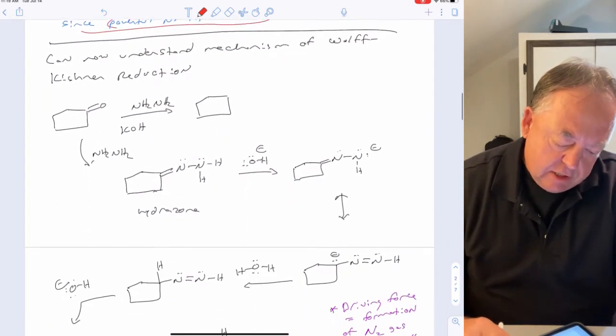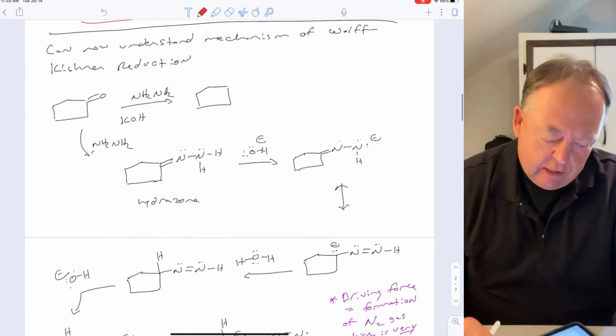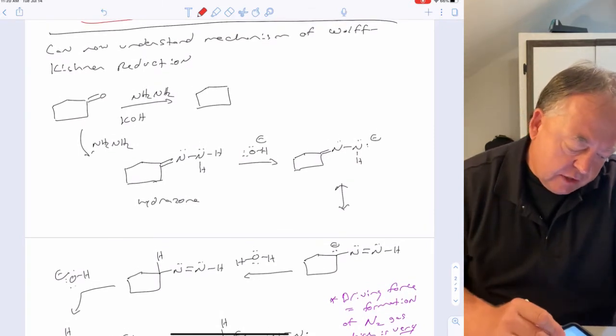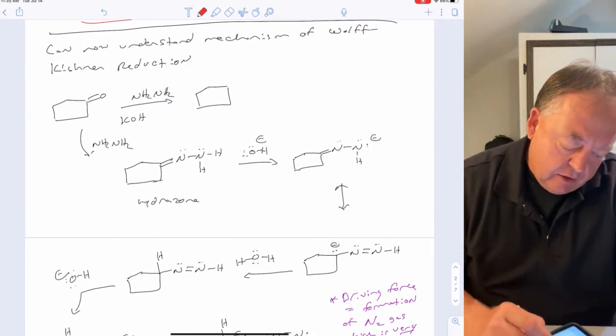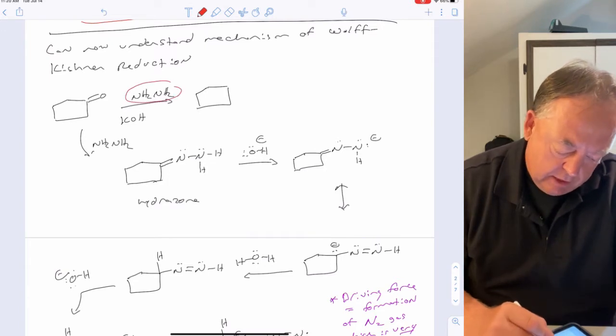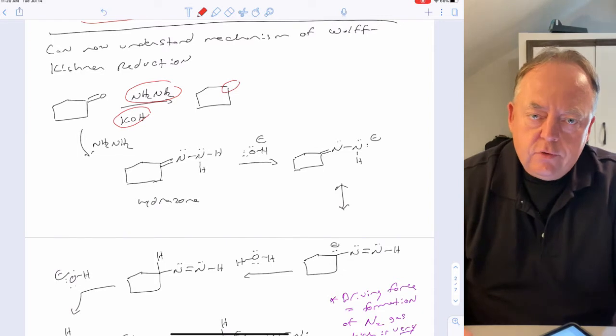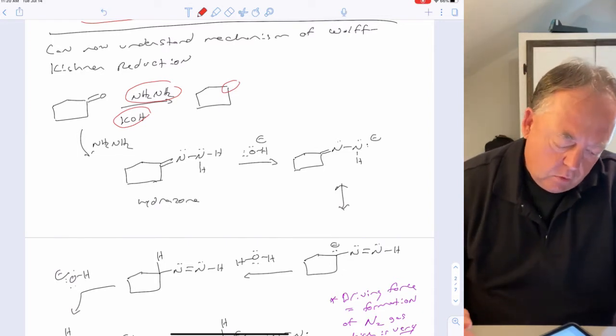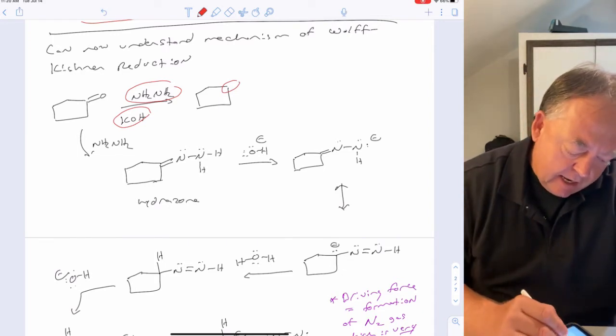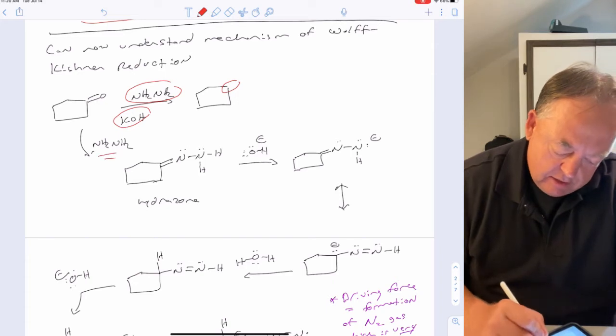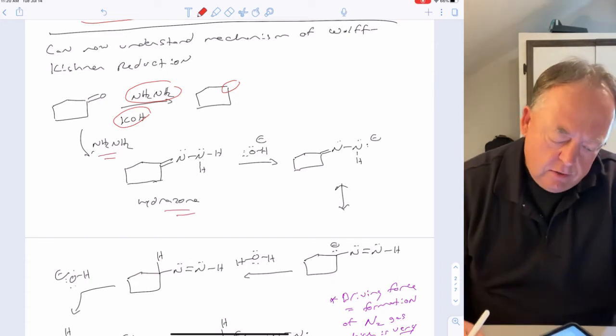Okay, so now we can understand the mechanism for the Wolff-Kishner reduction. If you remember the Wolff-Kishner reduction, if you have an aldehyde or a ketone with hydrazine and base, then you can reduce the C double bond O all the way down to a CH2. So how does that work? Well, what happens if you take an aldehyde or a ketone with hydrazine? You make a hydrazone, as we just saw.